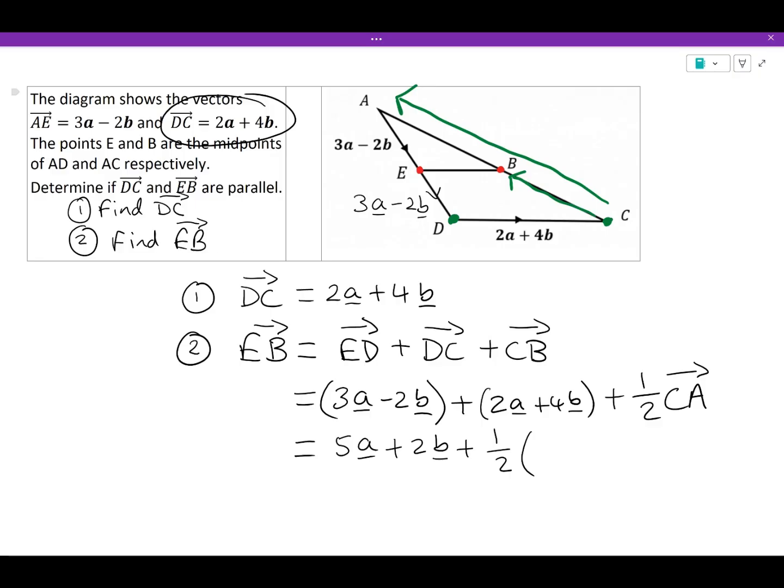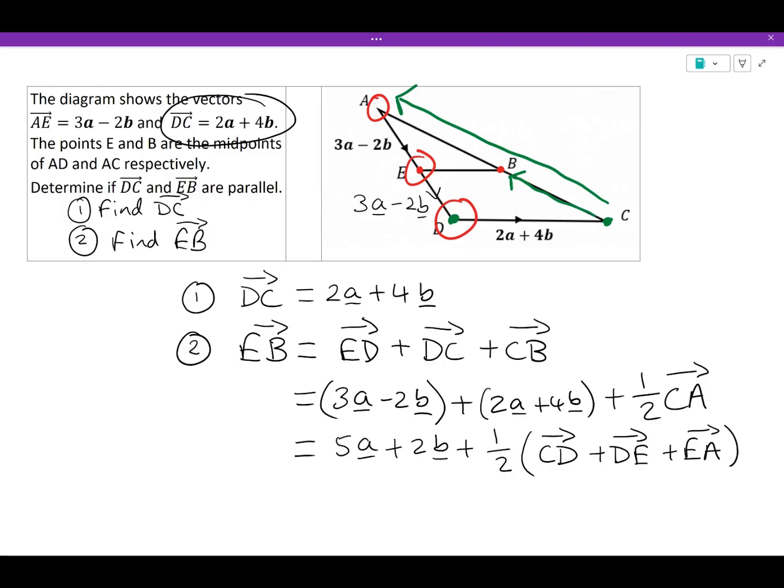So what I'm going to have to do is head to D first. Okay, so I'm going to have to do C to D. So then once I'm at D, I'm then going to have to head upwards to E, which I do have the vector of. So I'm going to add on D to E. And then once I'm at E, I'm going to have to head up to A. I know the vector from E to A, so I can add on E to A, like that. Okay, and that's going to get me all the way from C to A.